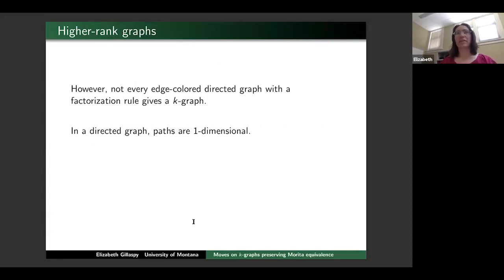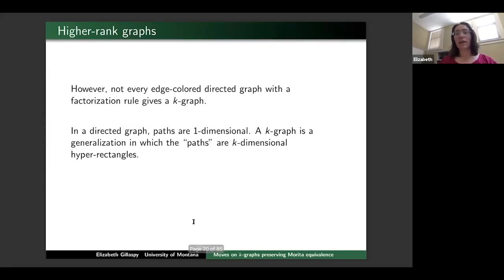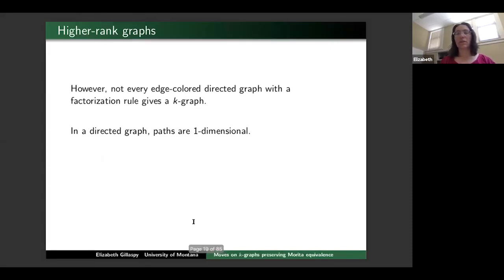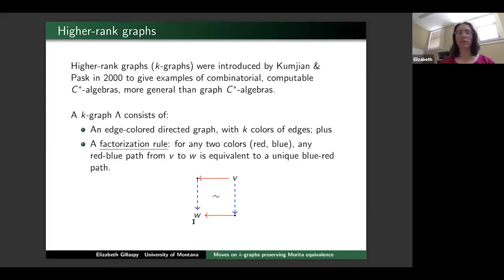They're just edges. So in a K-graph, we want the paths to be sort of K-dimensional hyperrectangles. And you can perhaps see this if we go back to that previous slide with this picture of the path from V to W, that a path from V to W really means a square, an equivalence class of paths from V to W.